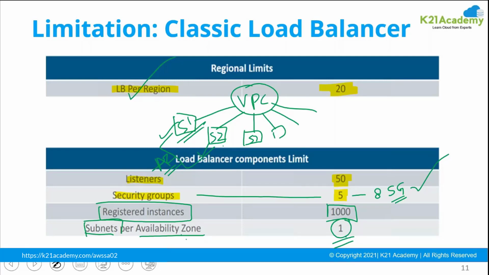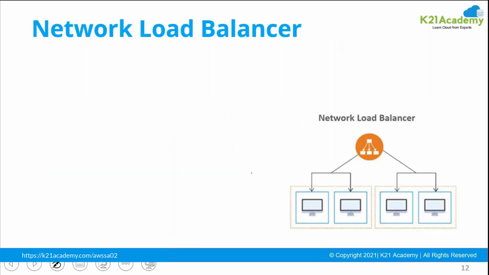If you want to have 2 subnets, don't create them in the same availability zone if you want to use them in the load balancer. Create subnet 1 in availability zone 1 and subnet 2 in availability zone 2, the physical availability zones of Amazon. Then you will understand it in a better way.